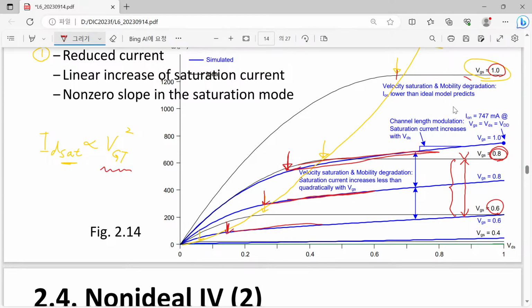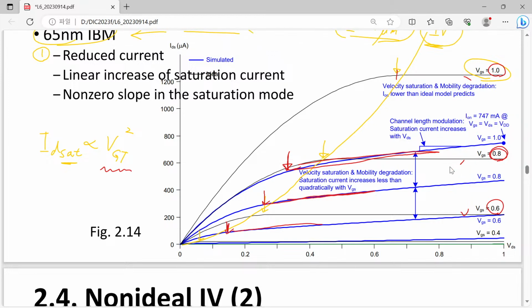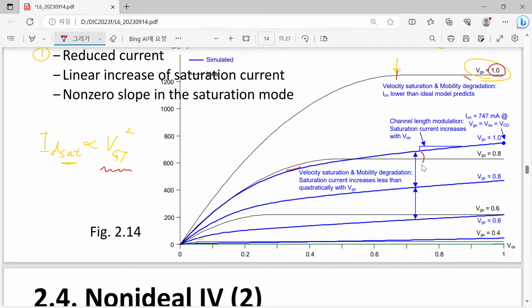But please have a look at these blue graphs. Here, the textbook quite kindly describes this behavior. Please have a look at this increment and this increment. This is the increment between, once again, 1.0 volt and 0.8 volt, and this is 0.8 volt and 0.6 volt. What is your opinion?